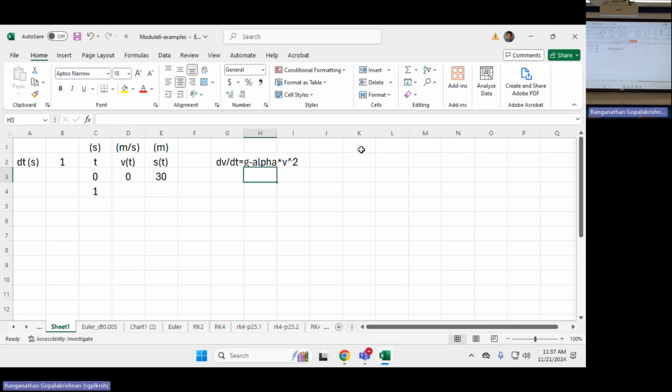That is my function, where g is equal to 9 meter per second squared and alpha equal to 1 per meter.